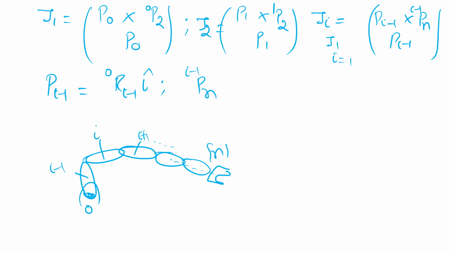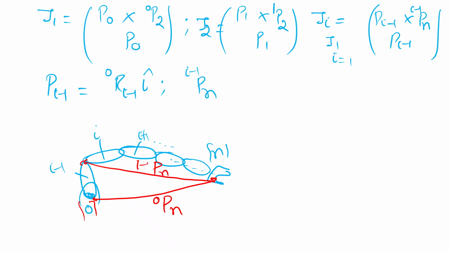Now I want to represent this n with respect to O, which is the position vector of the nth frame with respect to the O frame. Then I want to represent this one: the position vector of the nth frame with respect to i minus 1.